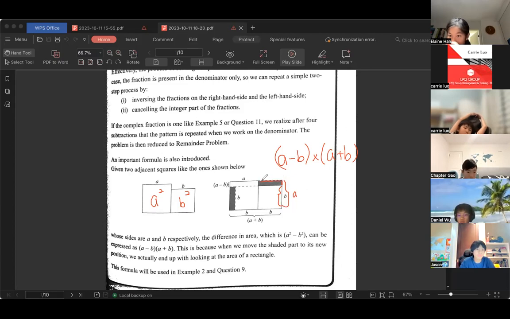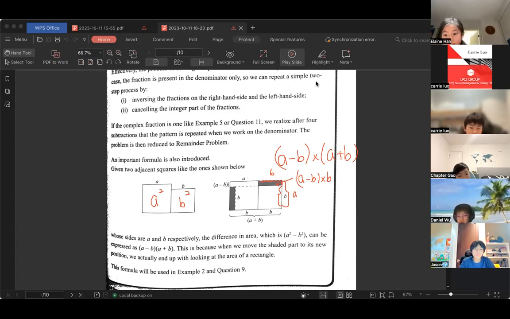This one equals B. So this shaded area is A minus B times B. Now let's take a look at this blue part. Because this line is B, right? So how about this one? This one is A minus B. Very good. So it is B times A minus B, correct?